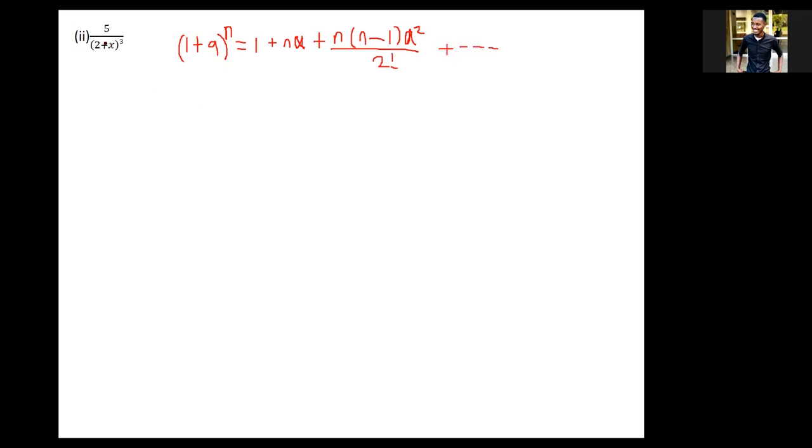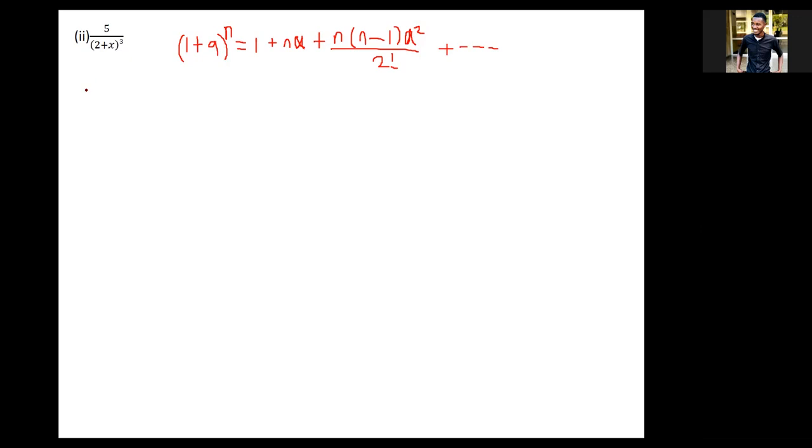So now we have to express this question in this form here. It has to look like this for us to use this formula. For this formula to be valid, we have to express this question in this form. And how do you go about with such questions?